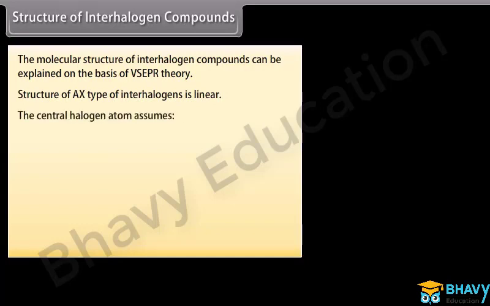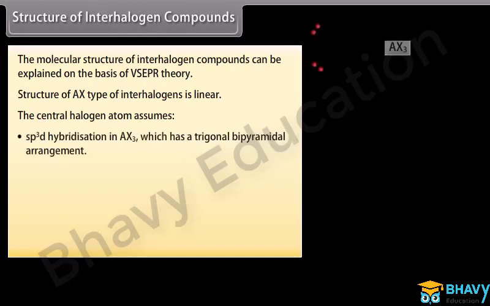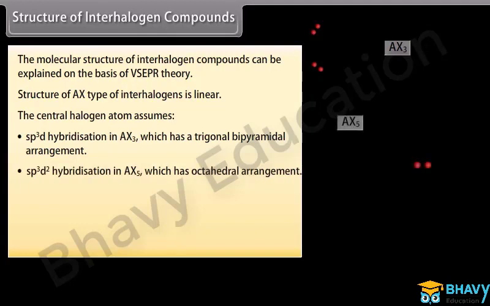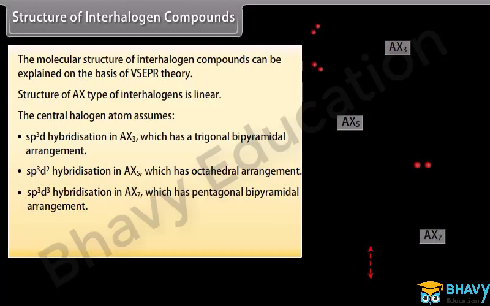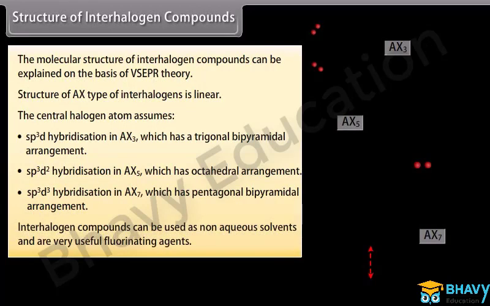The central halogen atom assumes sp3d hybridization in AX3, which has a trigonal bipyramidal arrangement, sp3d2 hybridization in AX5, which has an octahedral arrangement, and sp3d3 hybridization in AX7, which has a pentagonal bipyramidal arrangement. Inter-halogen compounds can be used as non-aqueous solvents and are very useful fluorinating agents.